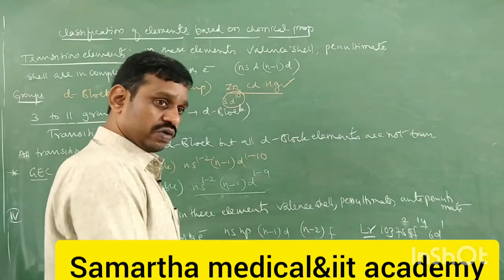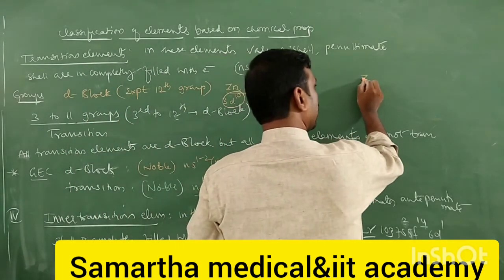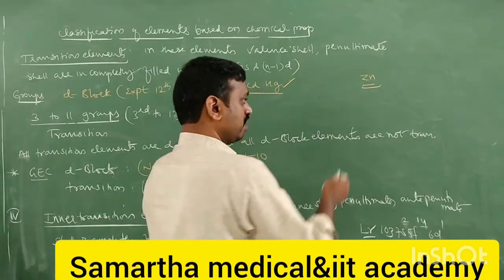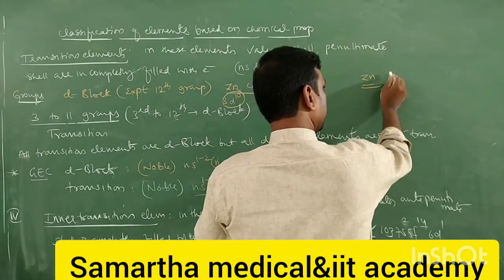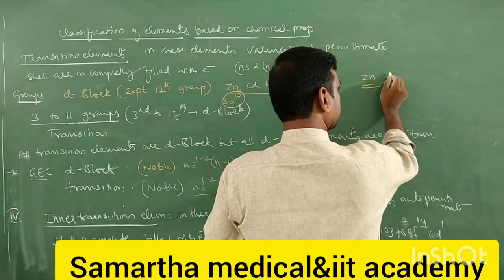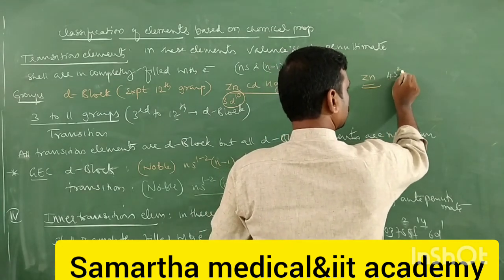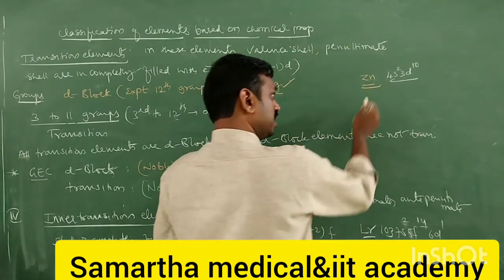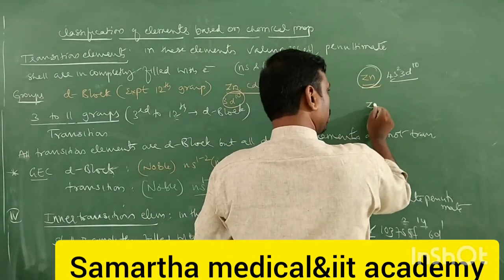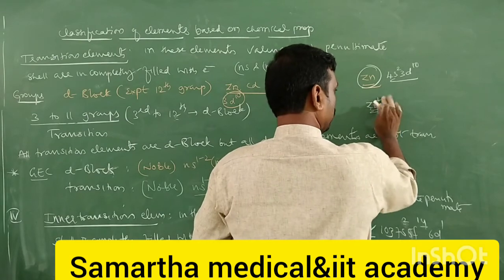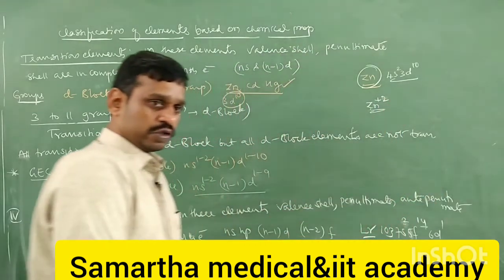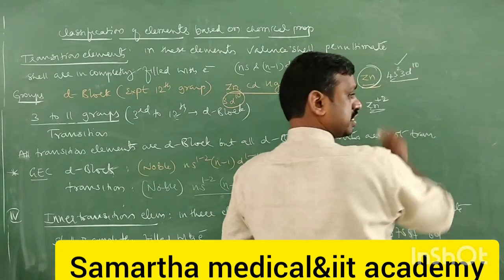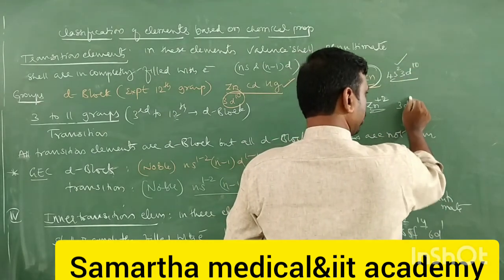Then you may have a doubt: why is zinc not having incompletely filled orbitals? For zinc, the electronic configuration is 4s2 3d10. Its common oxidation state is only +2. There is no +1, +3, +4, only +2. In the +2 state, it loses 2 electrons from the s orbital and forms 3d10.